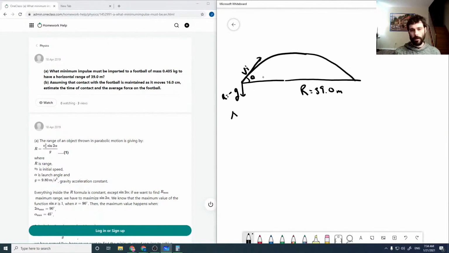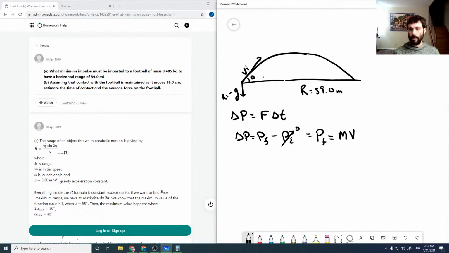Now our impulse is delta p, which is F delta t. So our delta p is pf minus pi. And assuming that the football starts from rest, that would be 0. So it's just our final momentum, which is our mass times our final velocity.